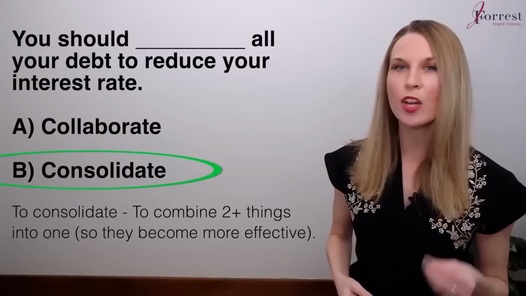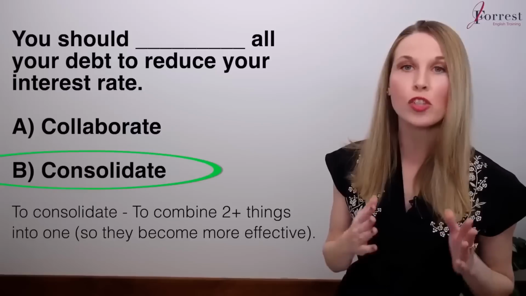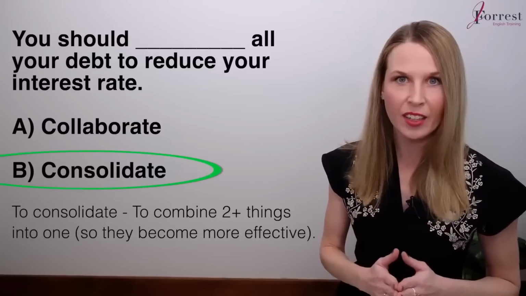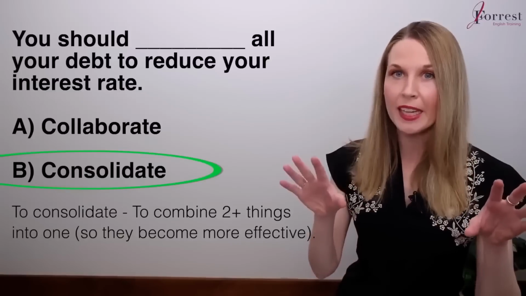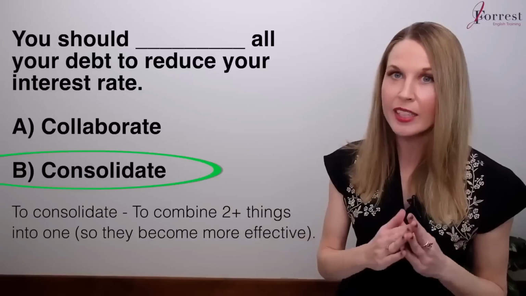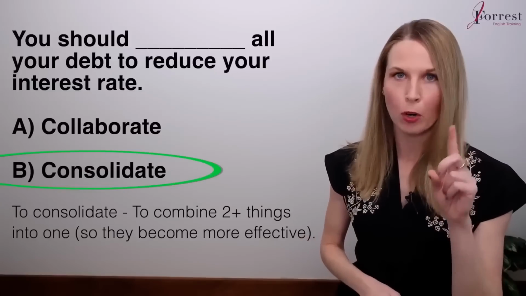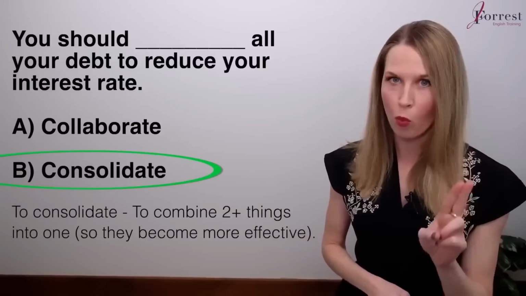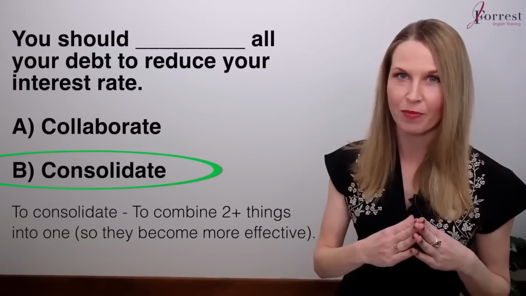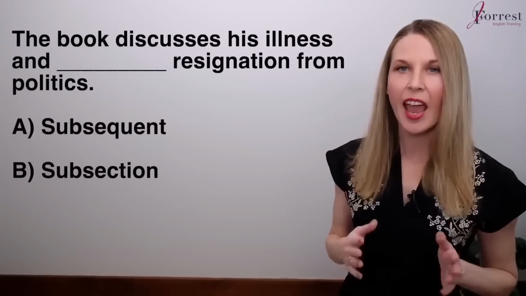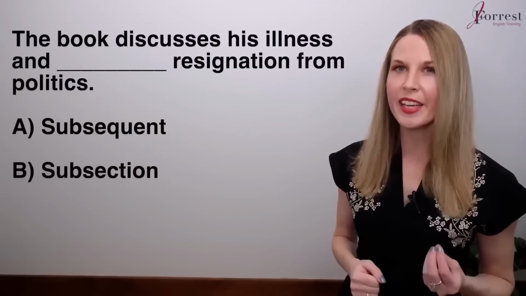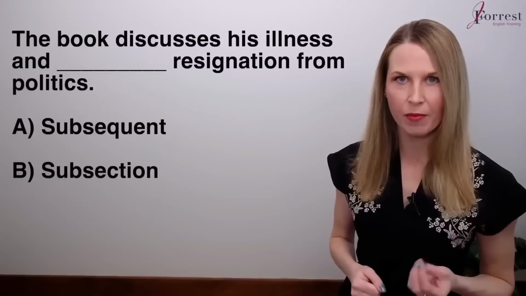So if I said the 2 firms consolidated last year, this means that last year there was firm A, firm B, but now because they consolidated, there's one firm. So the 2 become 1. Consolidate.